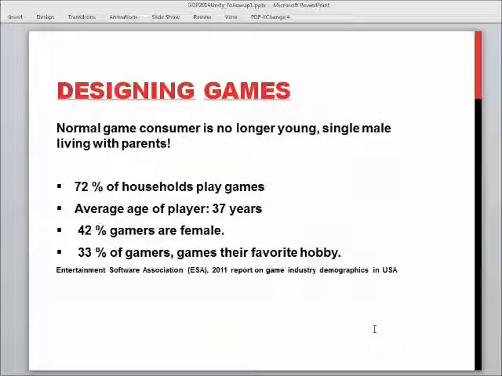But anyway, games are not something that's restricted to males or underage teenage boys. In fact, the average age of people spending money on digital entertainment or games is 37 years old. And almost half of those people are female.